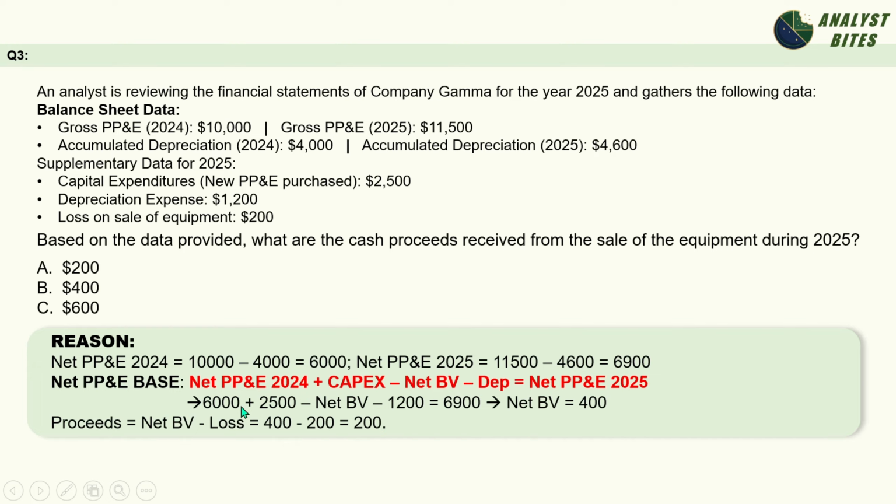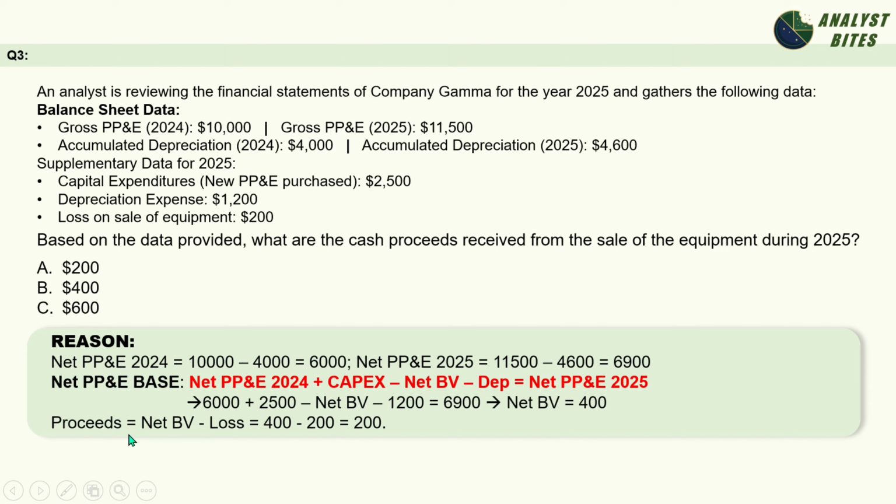The beginning of the net PP&E in 2024 is 6,000 plus the CapEx, which is 2,500, minus two reductions. One of the reductions is net book value. The other is depreciation expense, which is 1,200. This equals the ending net PP&E in 2025, which is 6,900. Solving this equation gives us a net book value of 400 for the sold asset.